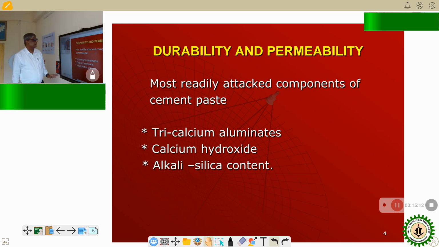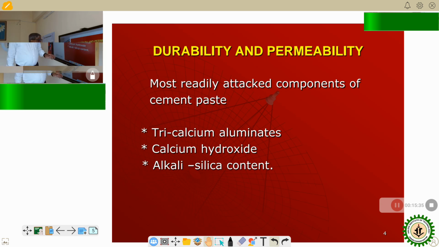Now you see that this durability and permeability are the most readily attacked components. In the cement paste, these are the three culprits: tricalcium aluminate, calcium hydroxide, and alkali silica content.